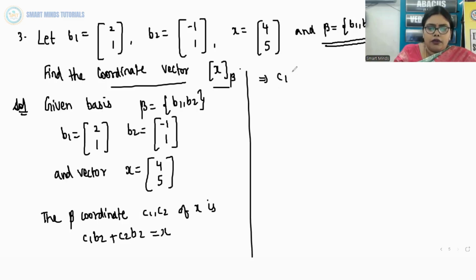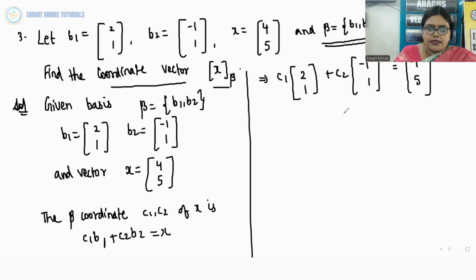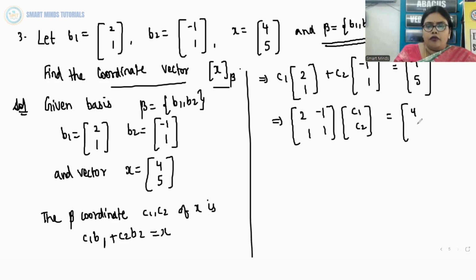In the place of b1, let us write the b1 matrix, that is 2, 1, and here the b2 matrix, minus 1, 1, equals to 4, 5. That is x. Now we can arrange this in matrix form: 2 minus 1, 1 1 into C1 C2 is equal to 4 5.